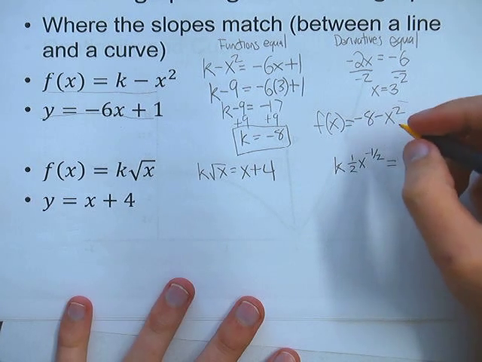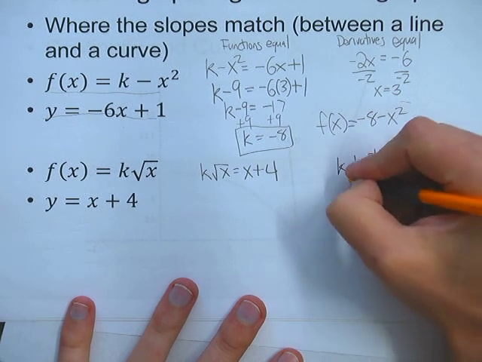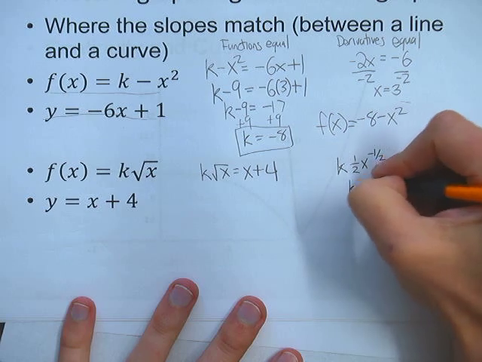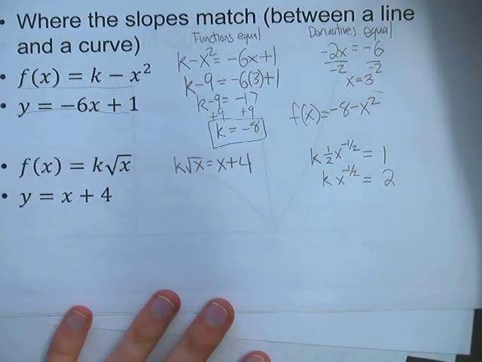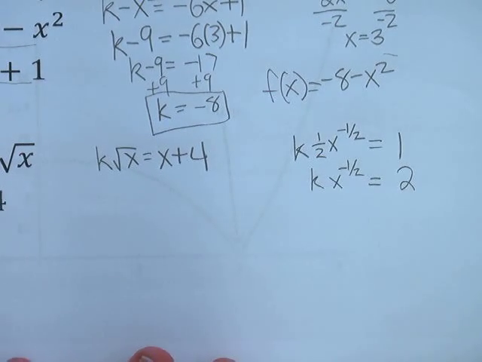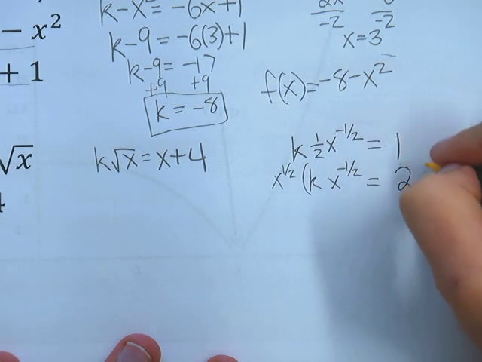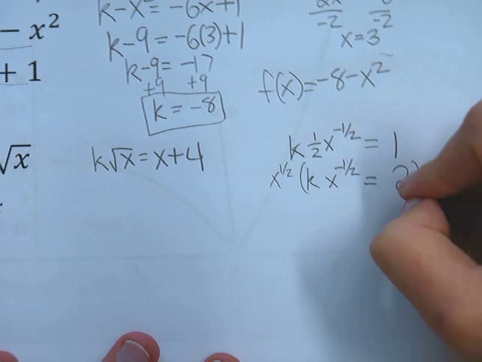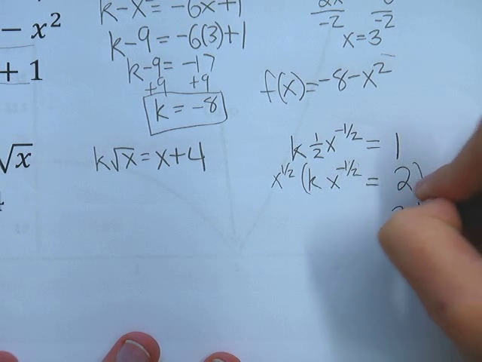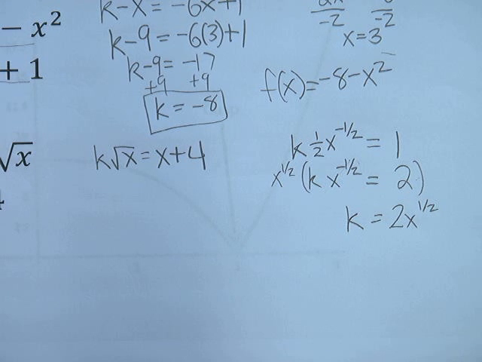So I'm going to do that first by multiplying both sides by 2, and I get 2 equals k times x to the negative 1/2. And then I'm going to multiply both sides by x to the 1/2. And so if I multiply by x to the 1/2 on this side, it cancels out with this, and it just moves over to this side. So I get 2x to the 1/2 equals k. That means 2 root x equals k.